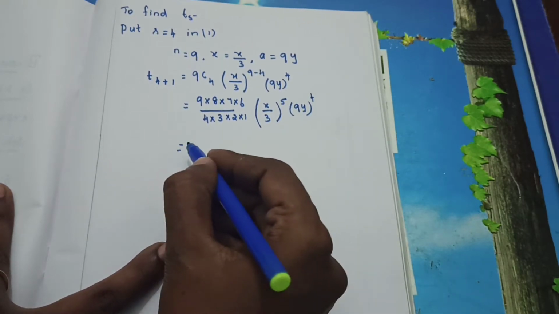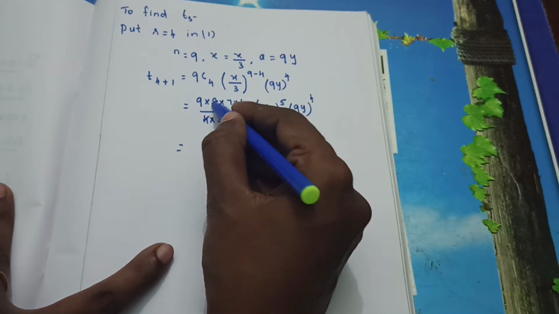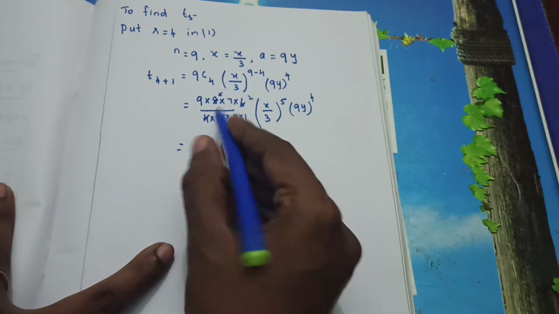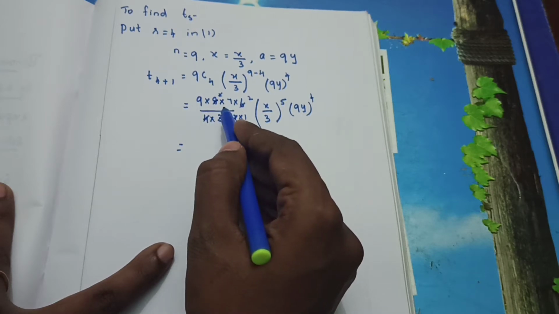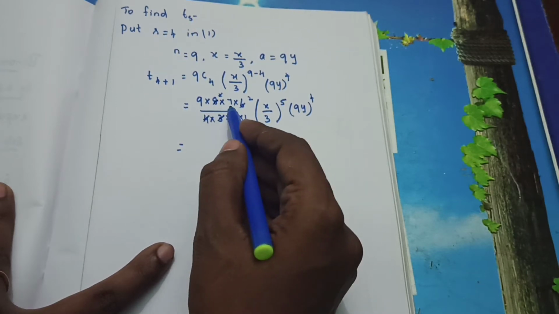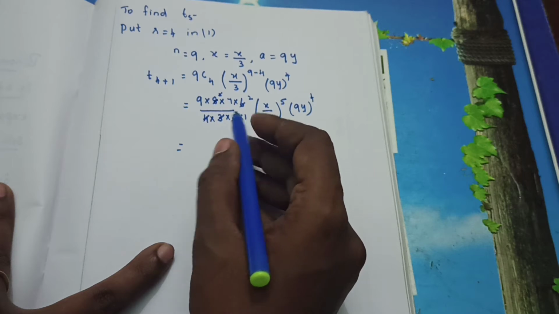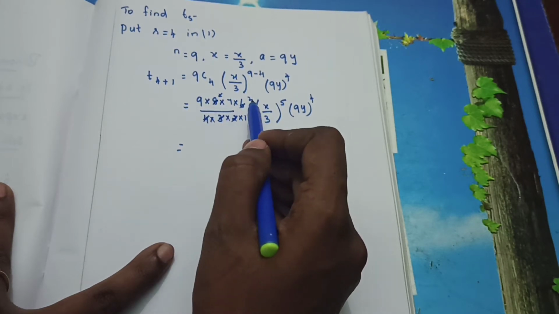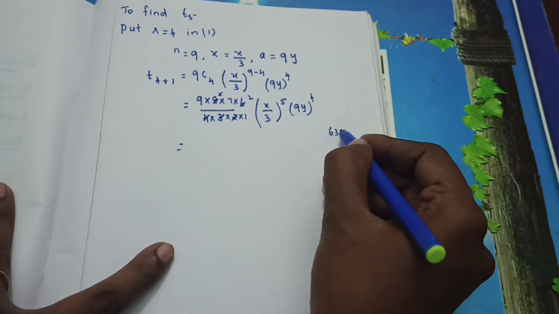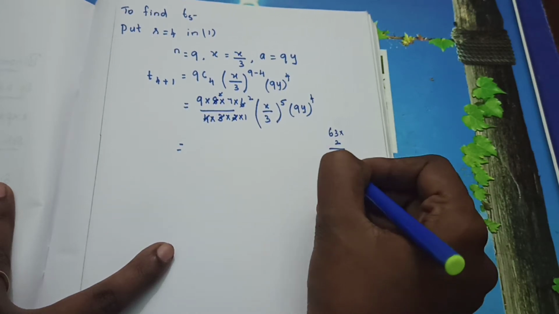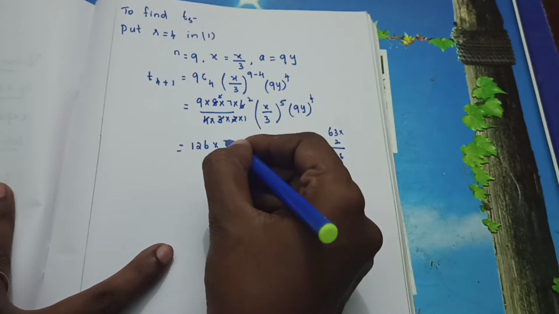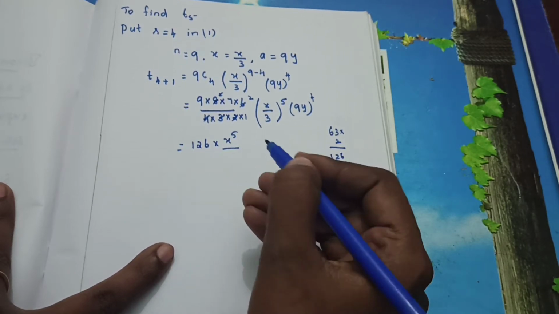Now we are going to simplify. 4 and 8 will get cancelled, 2 and 2 will get cancelled, and again it will get cancelled. So what's the balance? 9 7s are 63, 63 into 2, so 126, into x^5 divided by 3^5.